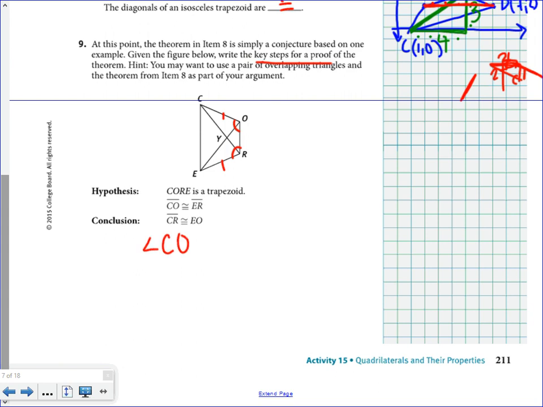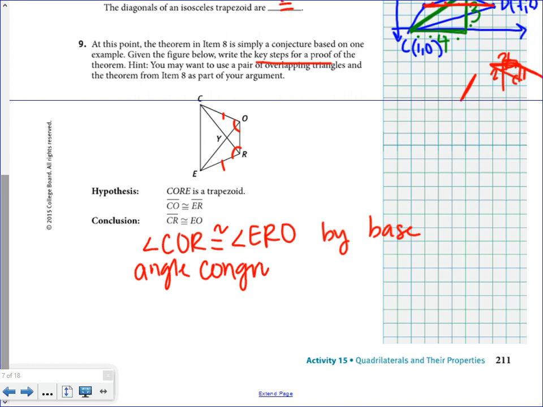Angle COR congruent to angle ERO. And the reasoning is by the base angle congruence of isosceles trapezoid.